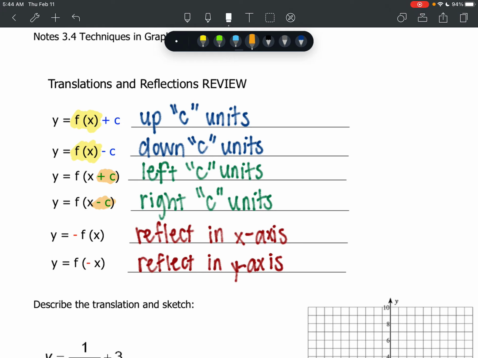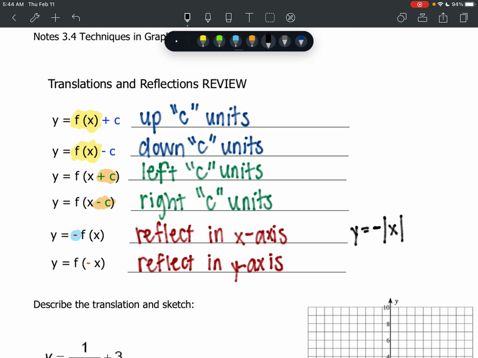And then we have our reflections in the x-axis and in the y-axis. If we take the opposite of our parent function, so this opposite on the outside of our parent function, I'll give you an example. If we have the parent function y equals, let's say, the absolute value of x, if we take a negative to the outside of that absolute value function, we're going to reflect over the x-axis.